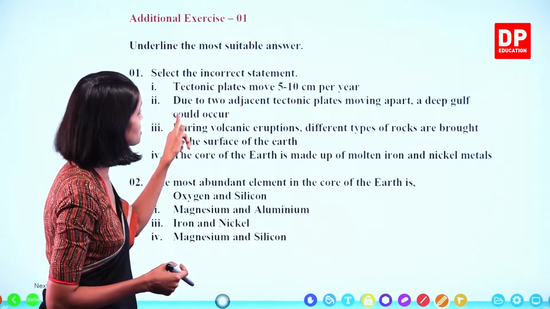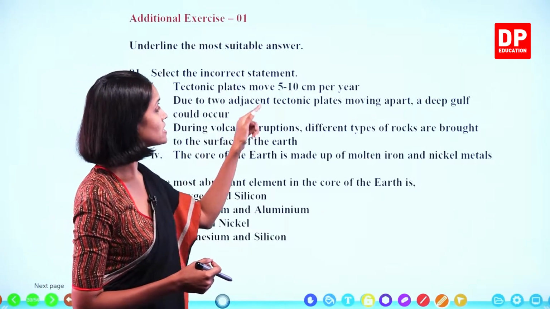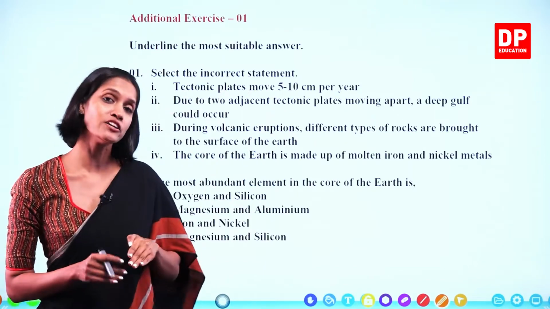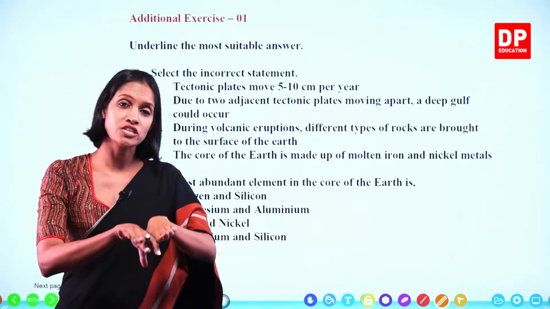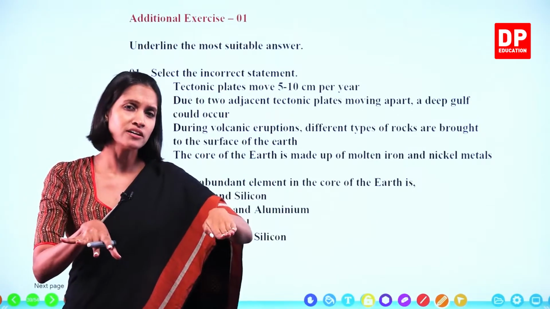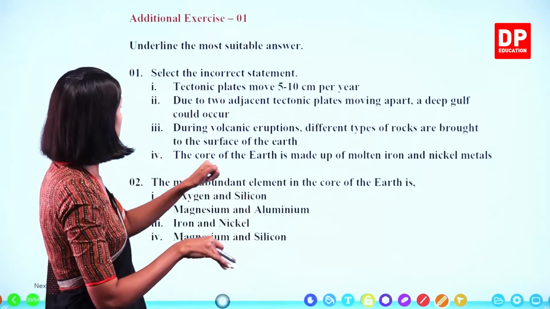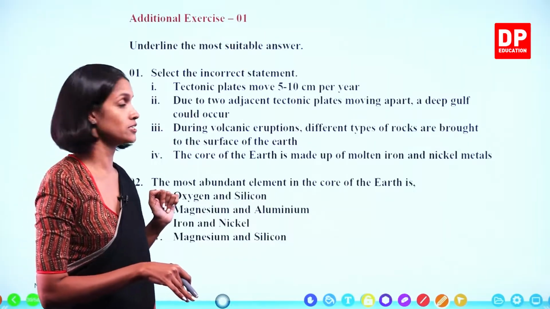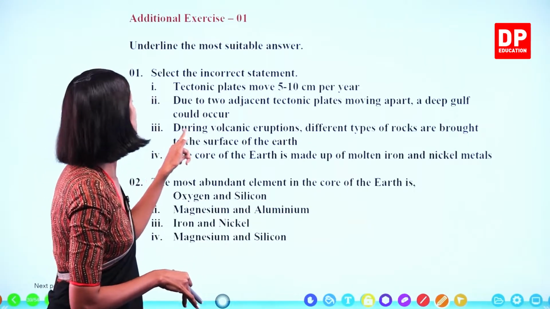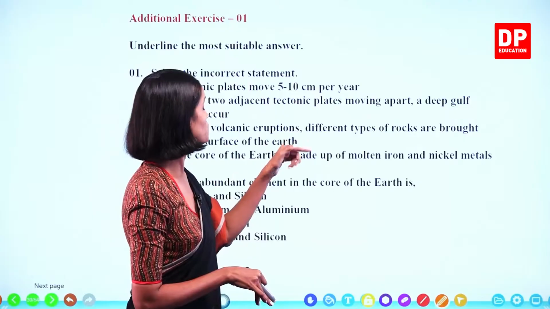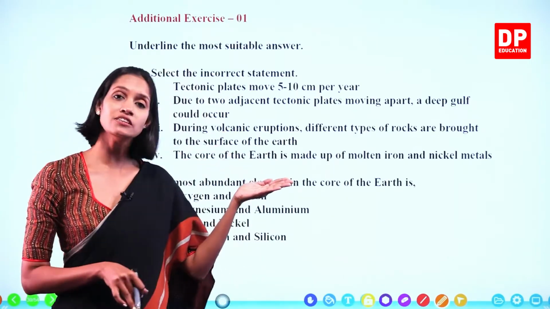Due to 2 adjacent tectonic plates moving apart, a deep gulf could occur. That's true. When 2 adjacent tectonic plates move apart, what is this type of movement called? Divergent movement, okay? A deep gulf could occur. During volcanic eruptions, different types of rocks are brought to the surface of the earth. That's also true.